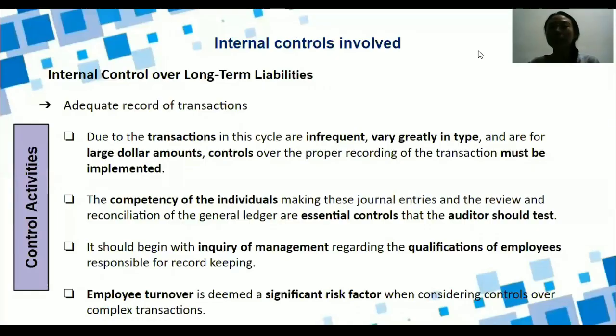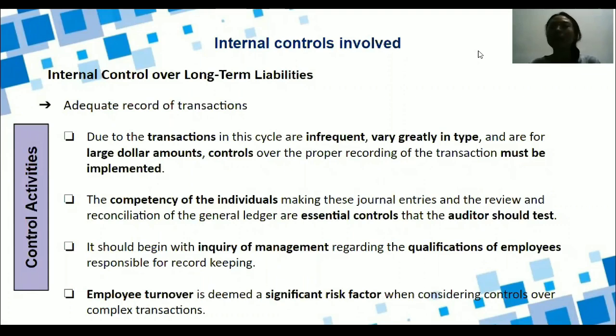Now we will continue on the adequate record of transactions. Although the transactions in this cycle are infrequent, they vary greatly in type, and they also involve a large amount of money. Therefore, control over the recording of the transactions must be implemented.